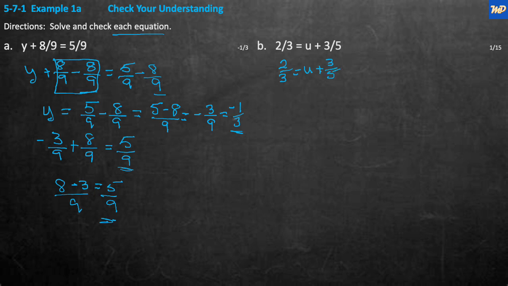And what do we want to do? We want to get rid of the 3/5 on the right-hand side and move it to the left-hand side. That way the u will be by itself on the right-hand side. So in order to do that, we're going to move the 3/5 to the left-hand side by subtracting 3/5 from both sides.